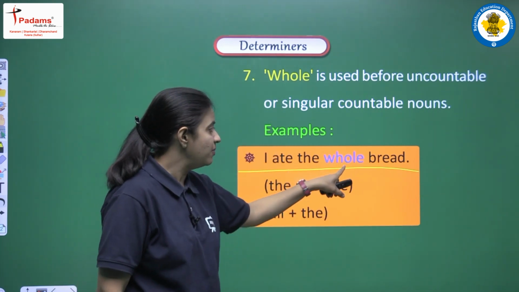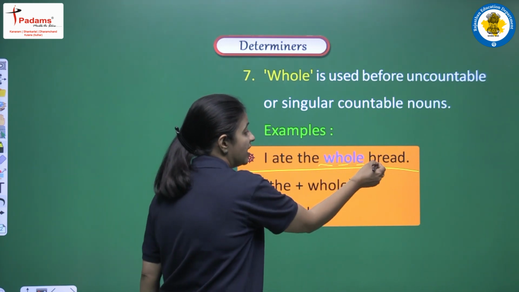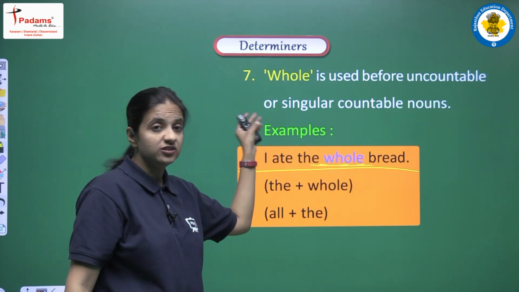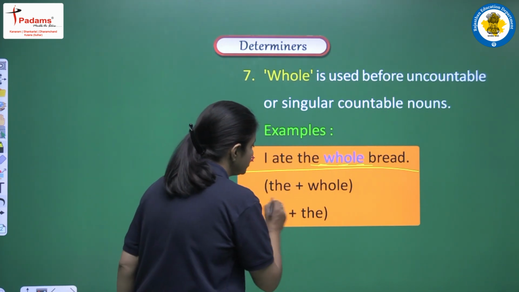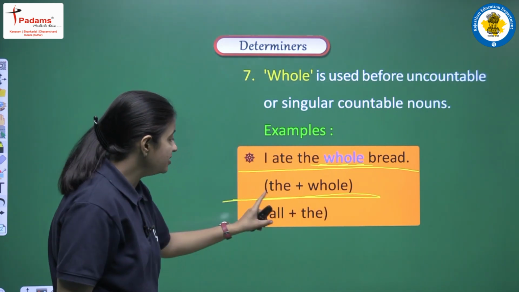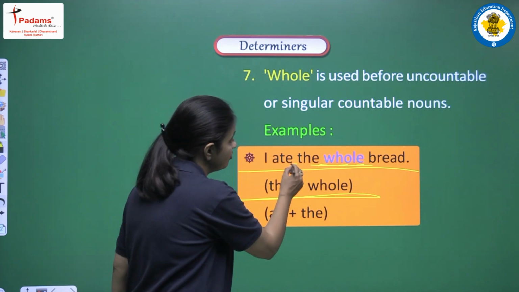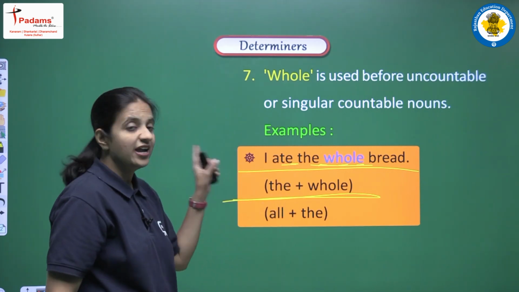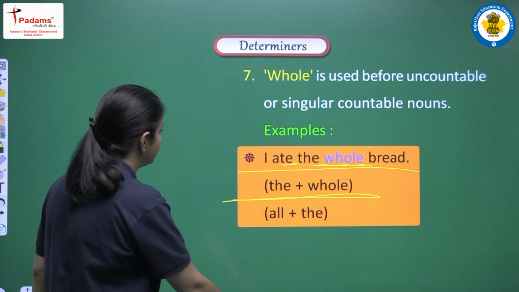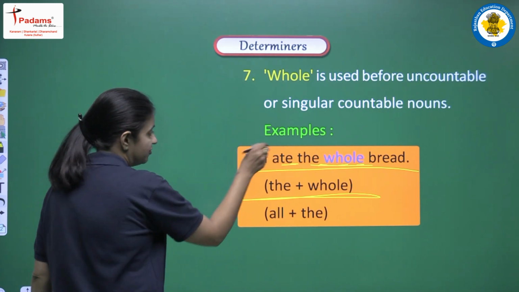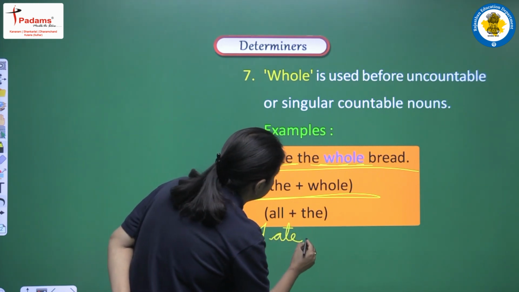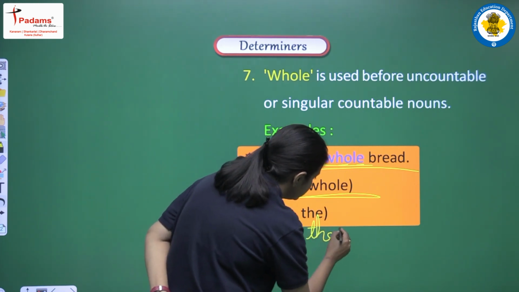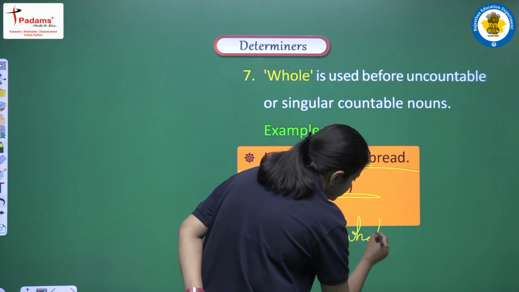If we have a blank here before bread, at that time we have to write whole, because this is the structure: the plus whole. But if the blank was before the, then we have to write all. So let's see, I am writing both examples here. The first one is: I ate the whole bread, right? This is the first structure.